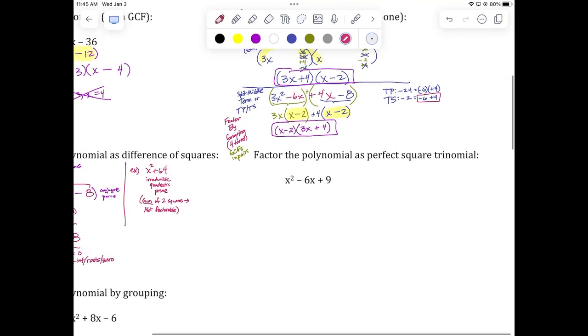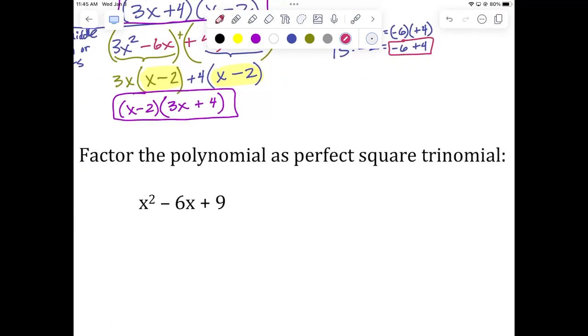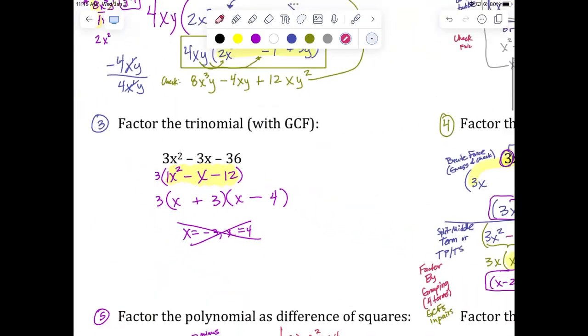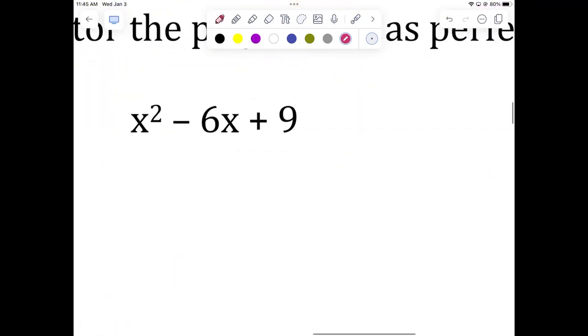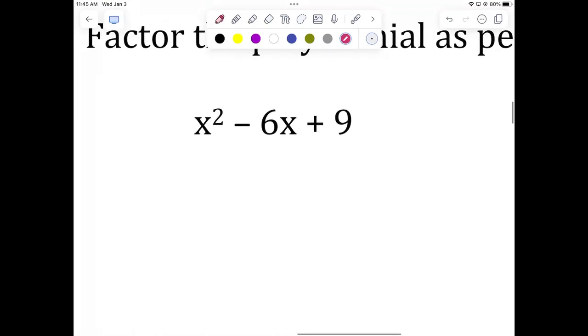All right. Factor the polynomial as a perfect square trinomial. You don't even have to know that something is a perfect square trinomial before you realize it's a perfect square trinomial. You could just do what we did up here on the easy one. You could just say, okay, it's a trinomial, it's quadratic, it's written in standard form. Is there a common factor?